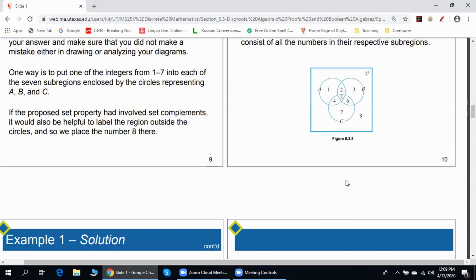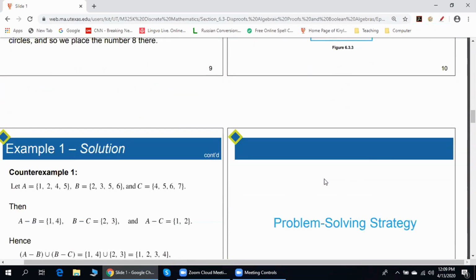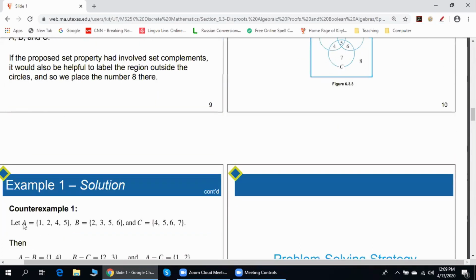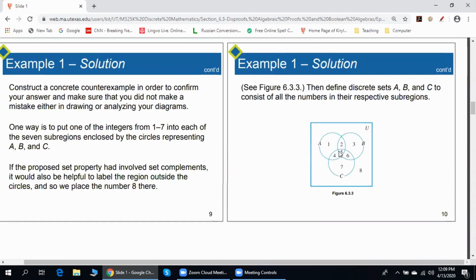Next, let us consider the following sets. A, which consists of 1, 2, 4, 5. According to this picture, indeed, this set A consists of 1, 2, 4, 5.